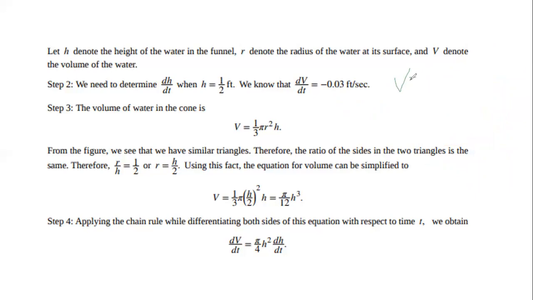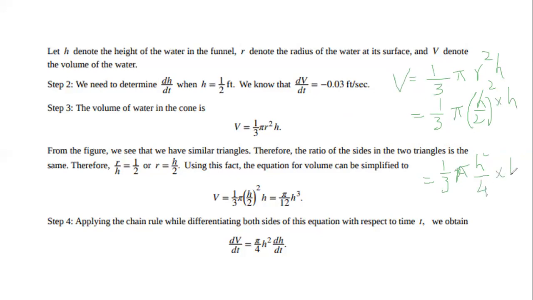Now V equals 1 upon 3 pi r squared h. The radius we found is h upon 2, so V equals 1 upon 3 pi times (h upon 2) squared times h. That is 1 upon 3 pi h squared divided by 4, multiplied by h.